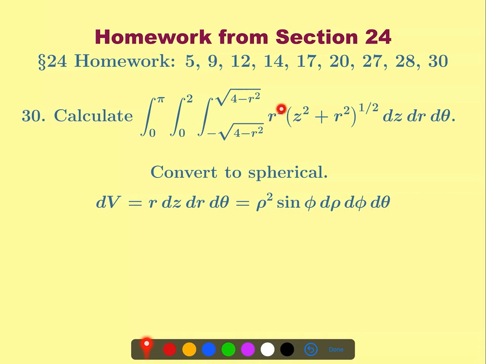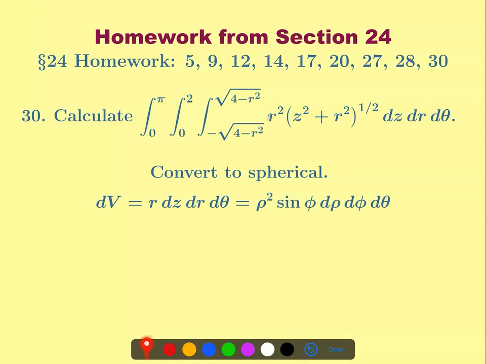So I need to take one of these r's in this r squared and put it with dz dr d theta, so I can rewrite this as rho squared sine phi d rho d phi d theta. So we're going to take one of these r's, combine it with this to get this. Then you still have an r left. That r is rho sine phi. And again, this was rho squared to the 1/2 or rho. So that's going to be what we get when we convert all of this. Let's look at the picture here.